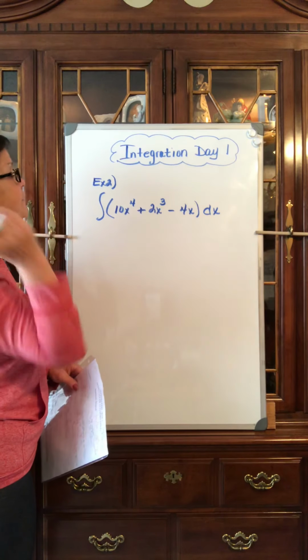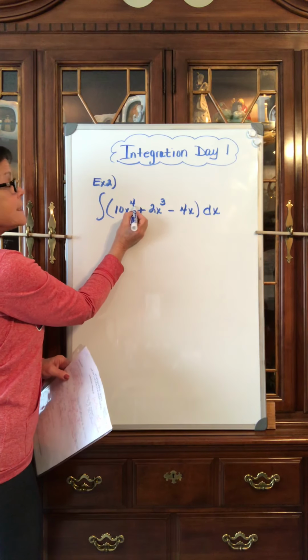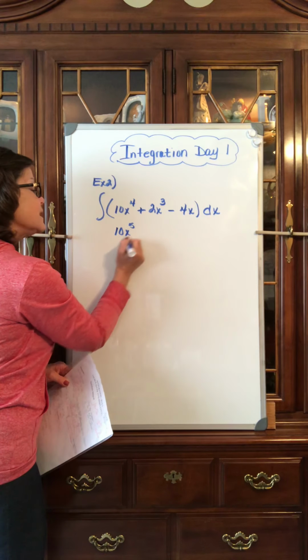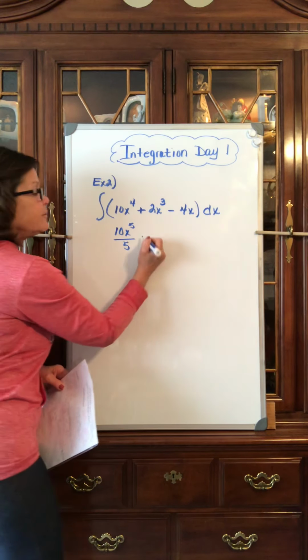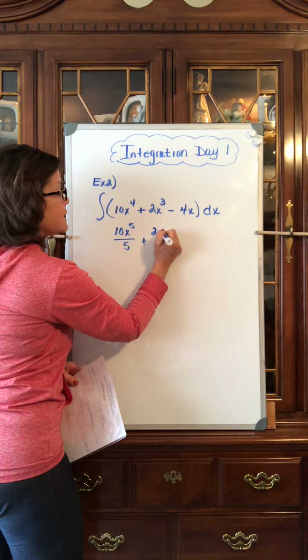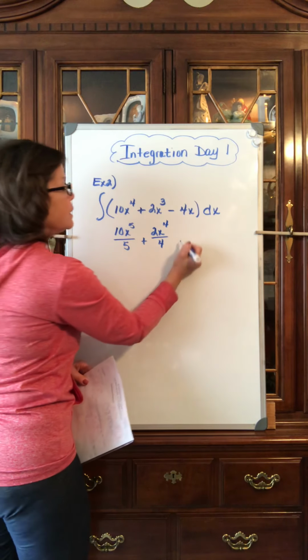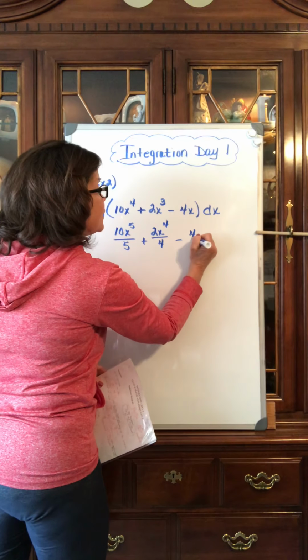And we're doing an indefinite integral, so what we're going to do is raise this exponent by 1. So it becomes 10x raised to the 5th, divide by the new exponent of 5, plus 2x, bring your exponent up by 1 to the 4th, divide by your new exponent of 4, minus 4x.